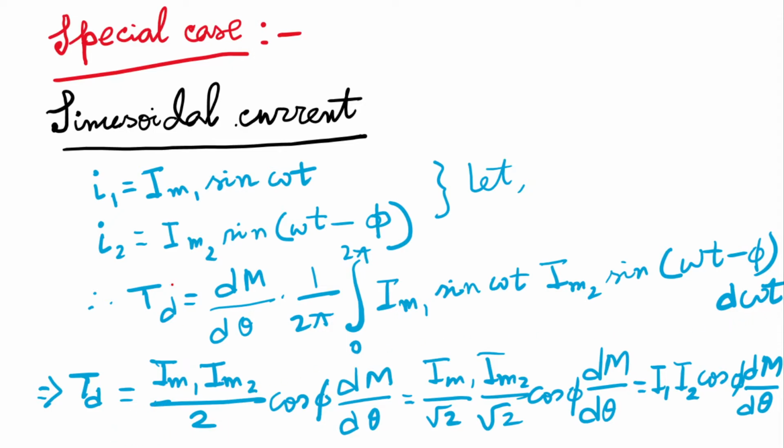So Td will be equal to Im1 Im2 times the integral. Im1 and Im2 are constants and are taken out of the integration. Then you have a format like sin A sin B d(ωt).